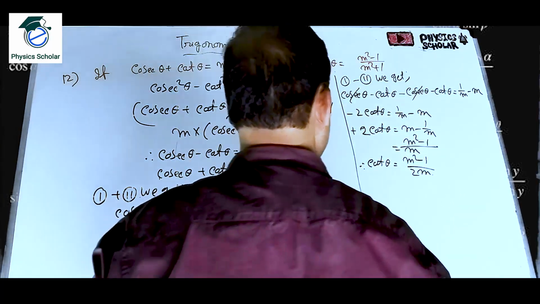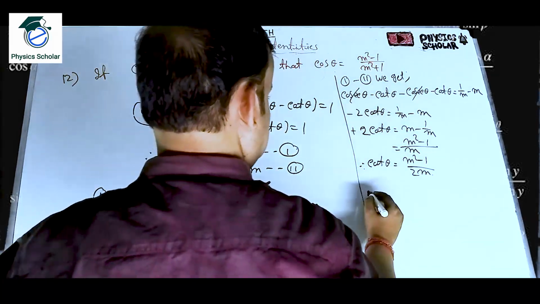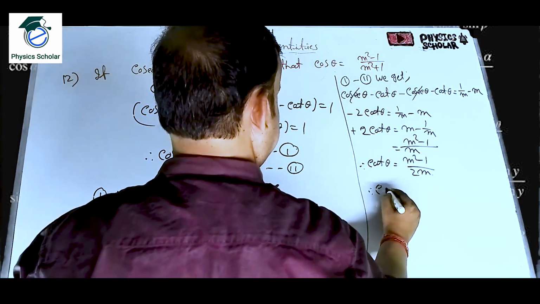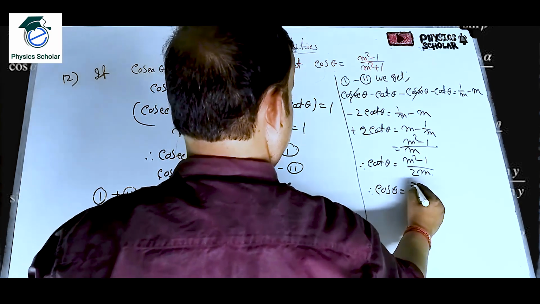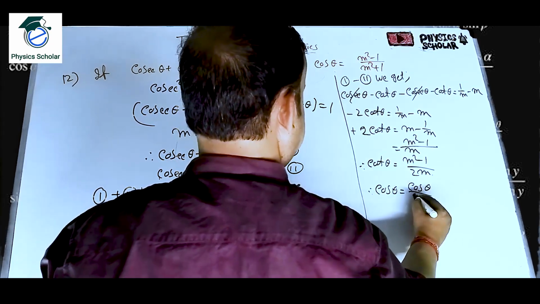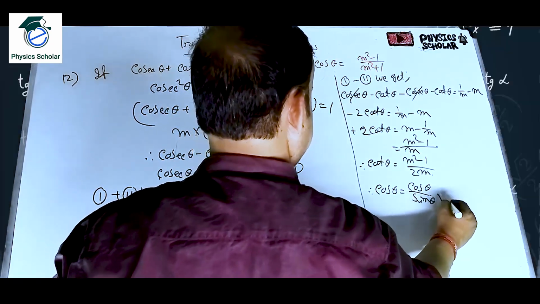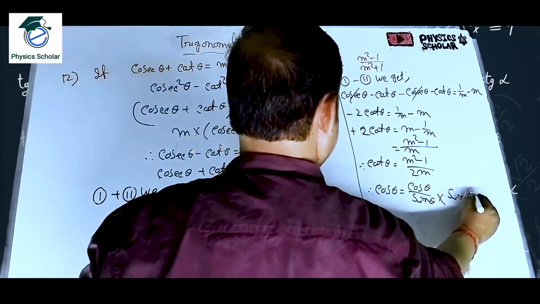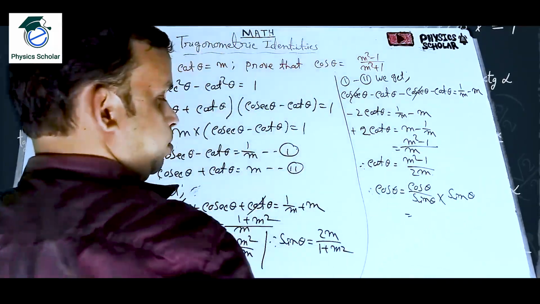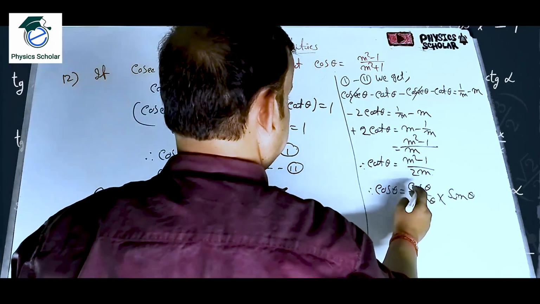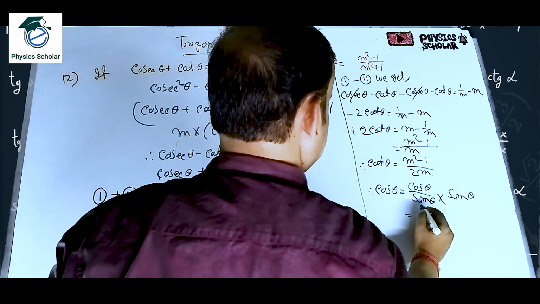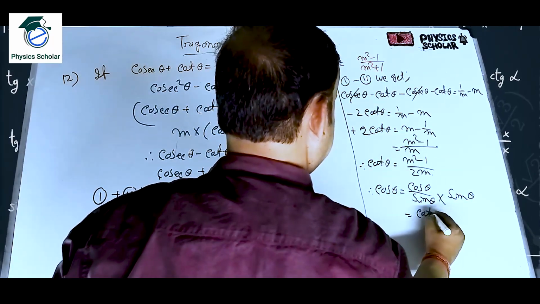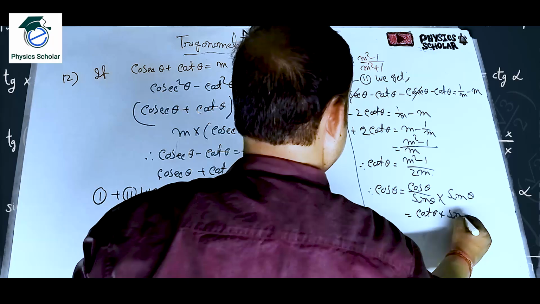Okay. So now what we know? Cos theta is equal to what we can write? Cos theta by sin theta into sin theta. So sin theta will cancel. That means cos theta. Clear? So cos theta by sin theta means what? Cot theta. So cos theta means cot theta into sin theta.